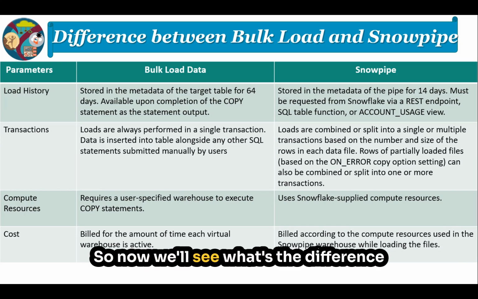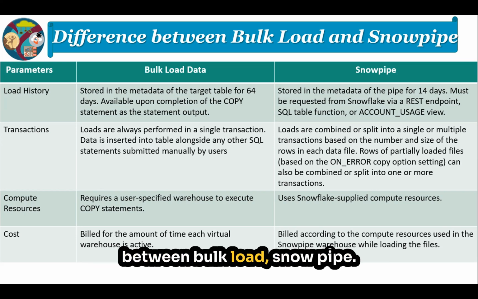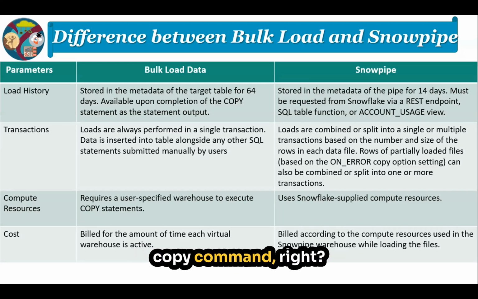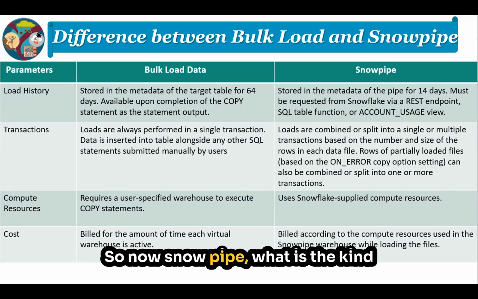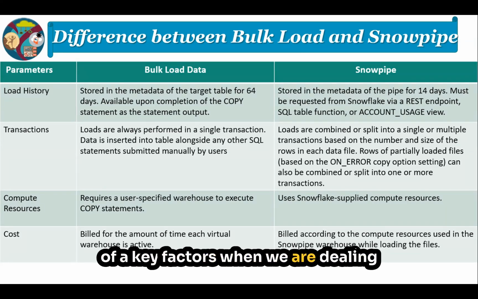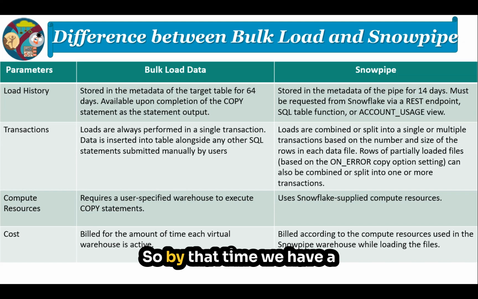Now we'll see the difference between bulk load and Snowpipe. For bulk load, we have seen the copy command, right? Now Snowpipe. What are the key factors when we are dealing with bulk load and Snowpipe? We already know a couple of points. One is that bulk load deals with huge files, while Snowpipe deals with micro batches.